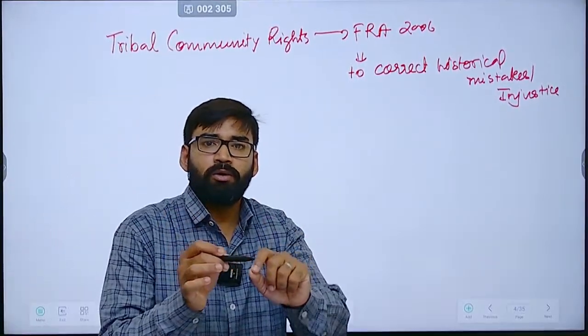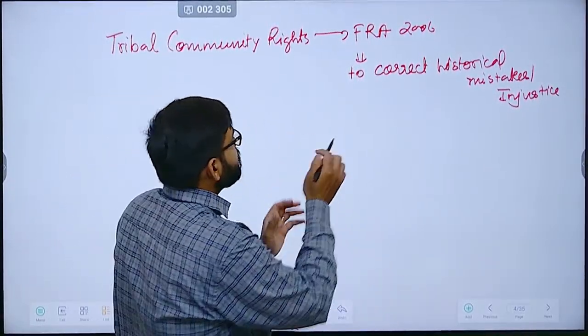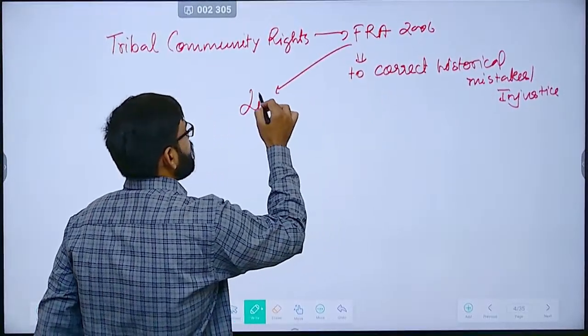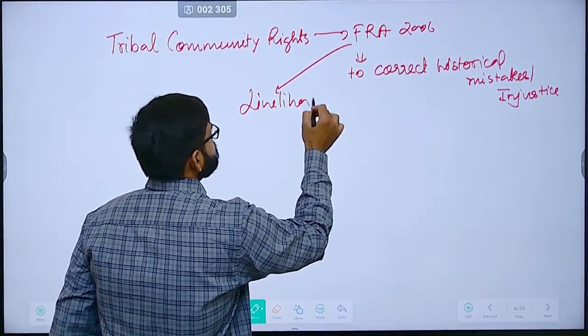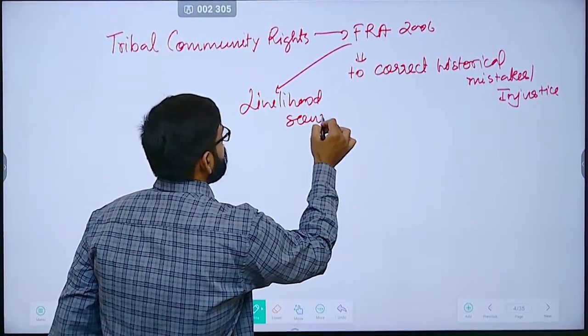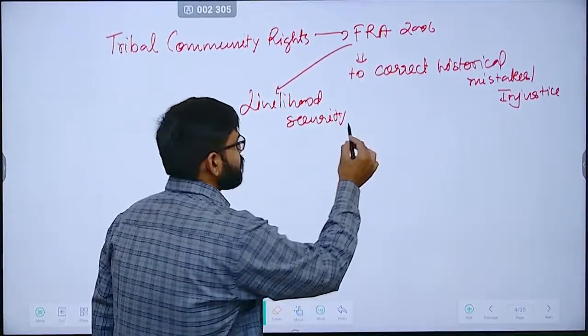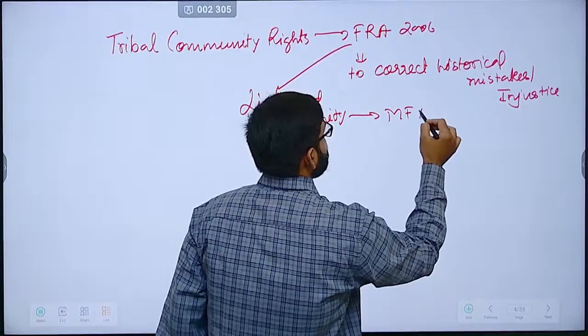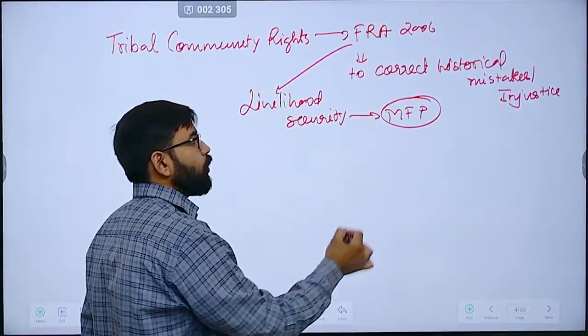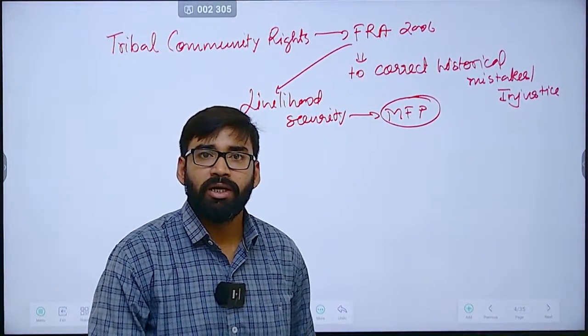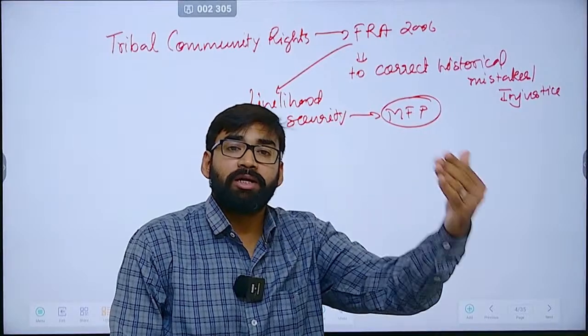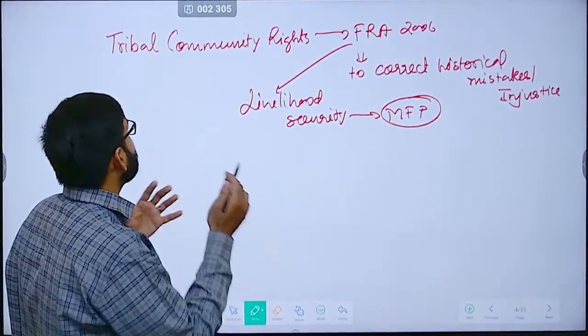Then you can also mention that with this act, they will get livelihood security. When we talk about livelihood security of the tribals, you can also mention MFP, minor forest produce. Then when tribal communities perform together, what kind of governance is it?